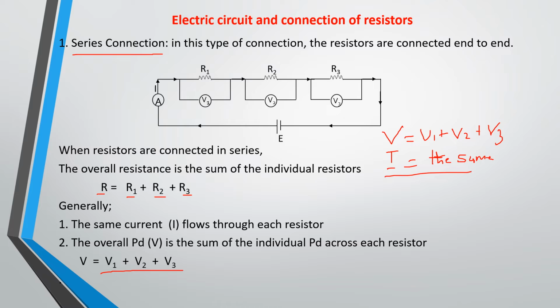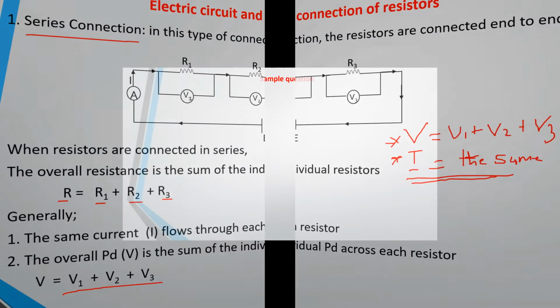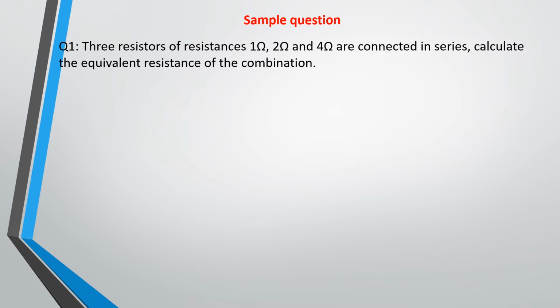If you are given any question, please take note of these two pieces of information. They are very, very key. The overall resistance is the sum of the individual resistances. The overall voltage is the sum of all the voltages. Current is the same. So I hope that is clear. If that is clear, then we can easily solve this problem.